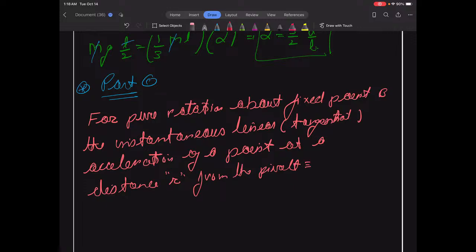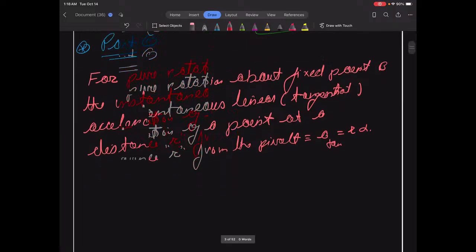Let us call this acceleration A tangential, which will be equal to r times the angular acceleration.